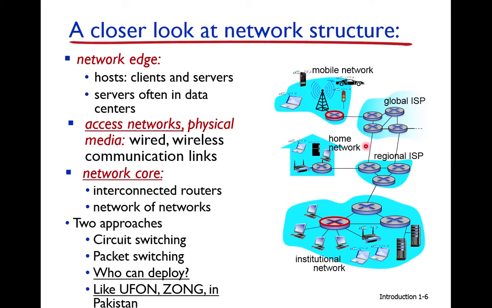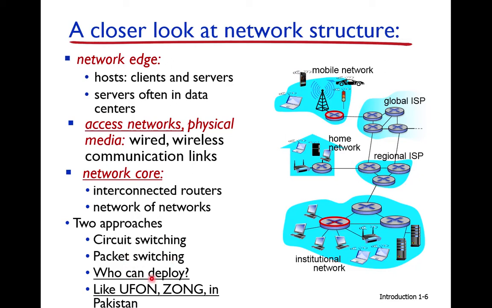And this is the core network. The core network is basically the interconnection of the routers, and it connects the edge networks with each other. We had discussed two approaches for moving the data across the core network: circuit switching and packet switching.